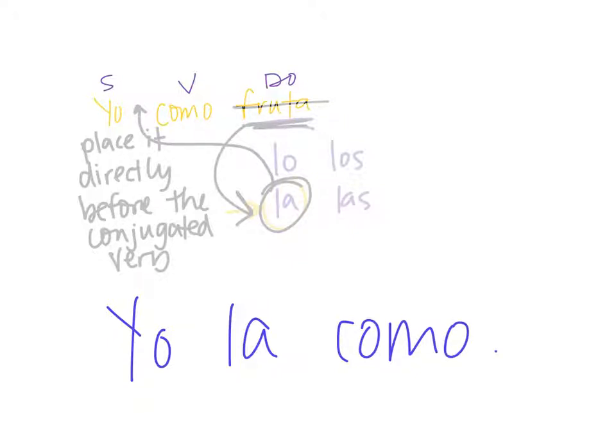Let's go ahead and look at another example of this. What if I was looking for someone that had borrowed my skates? And someone answered me, oh, your brother has your skates.